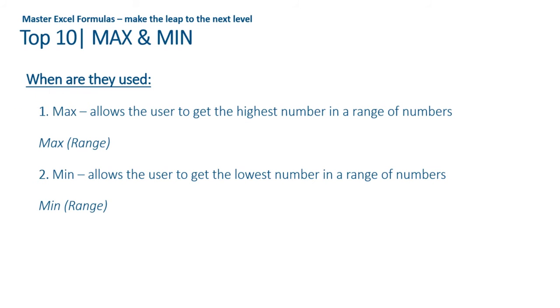And again, the structure of both formulas is very similar. You have MAX, and then we need the range in which to get the maximum value from, and the minimum is pretty much the same thing.